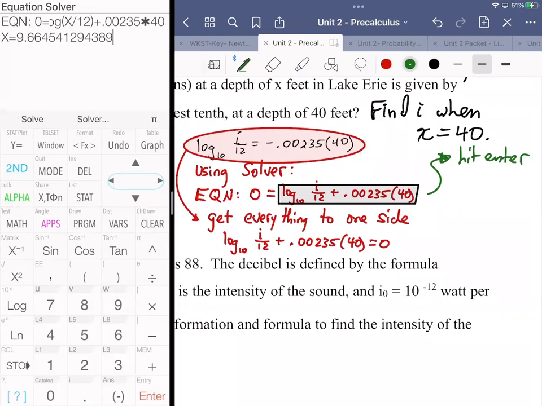But if you then hit enter so that you get to the x equals, and then hit alpha followed by enter. On your calculator, if you have a TI-84, right above enter, you'll see it's written there. It's not written on mine because it's an emulator, but it says solve, which is what you would get if you hit alpha enter. And so that'll actually solve the equation for the variable x.